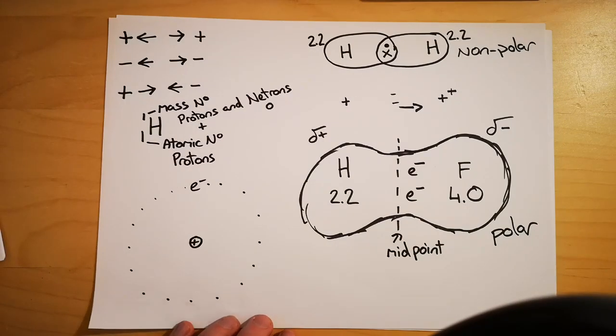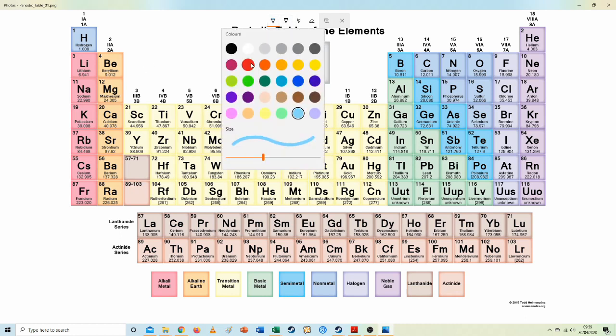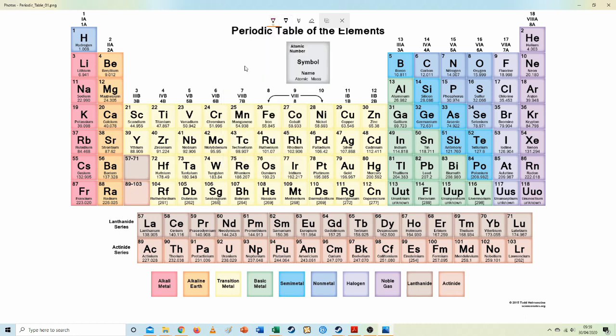Right, what we're going to look at next is the periodic table, and we're going to talk a little bit about bonding in the periodic table and how the periodic table functions. Okay, so now that we have spoken a little bit about how we get a covalent bond and how we form a molecule, we're going to look at the molecules that we're actually going to be seeing in our amino acids and eventually our fully formed proteins.